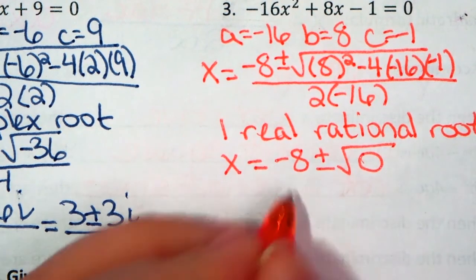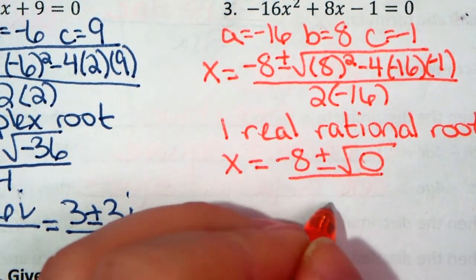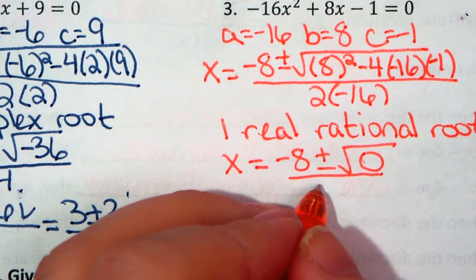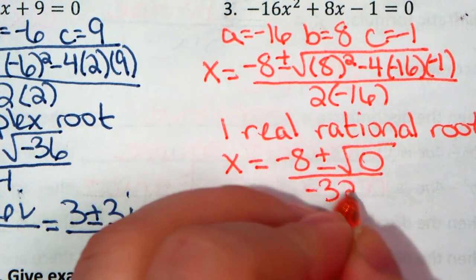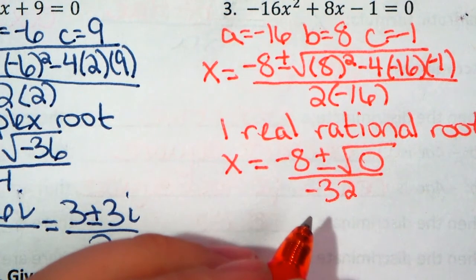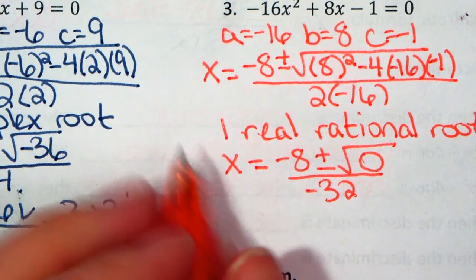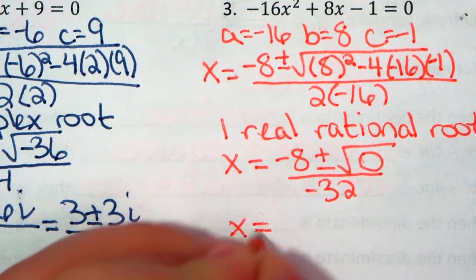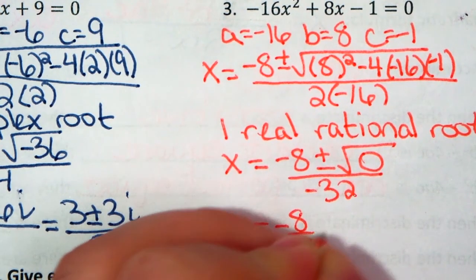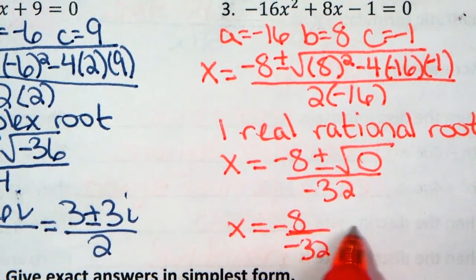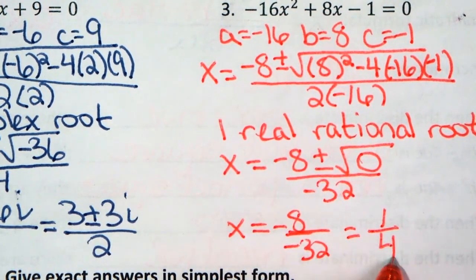Our discriminant was 0, over 2 times negative 16, which was negative 32. Now the square root of 0 is just 0. So all I'm left with is x equals negative 8 over negative 32. And that can reduce to be 1/4.